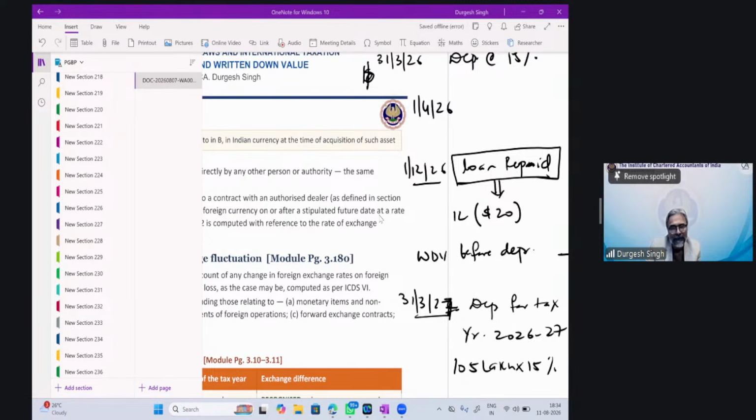And what are those two conditions? Condition number one is that the asset must have been acquired during the previous year, so during the tax year. And second condition, it is put to use in the same tax year, students.